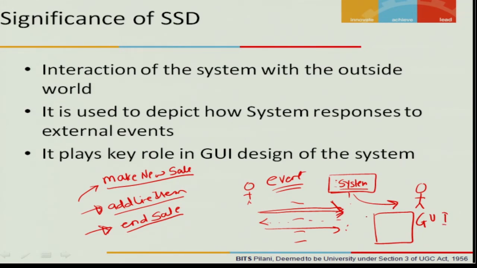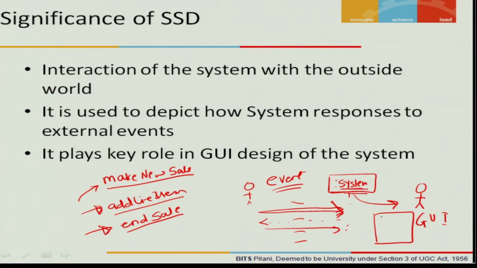So creation of the GUI is very important for the designer, because designing forms, designing the graphical user interface for your software is a major area in the design phase. For this graphical user interface design, SSD plays a key role. It shows which buttons and which interface items you need to provide to the user, so that all the messages given in SSD should be possible in the GUI.